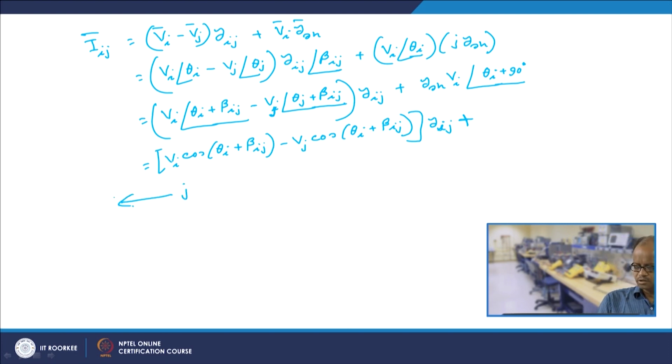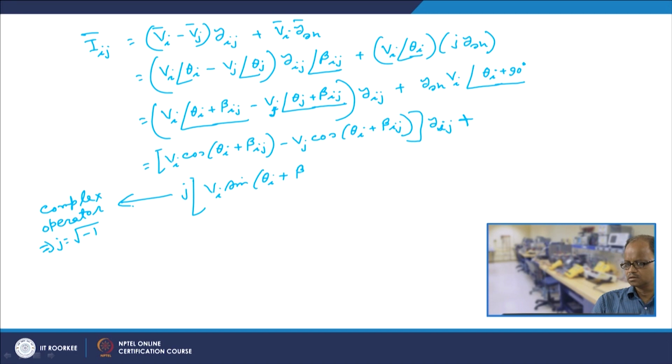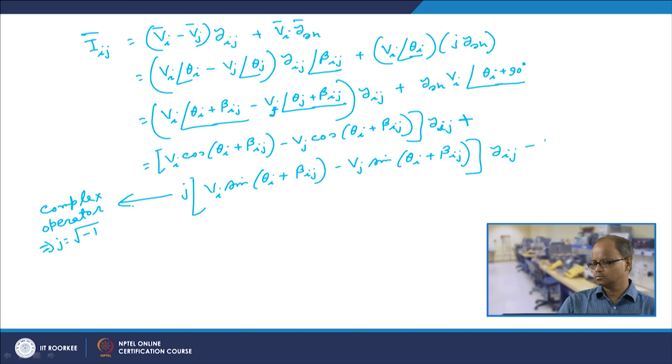Now this j is the complex operator, that means j is equal to root over minus 1, into vi sin theta I plus beta ij minus vj sin theta j plus beta ij into yij, minus ysh vi sin theta I plus j ysh vi cos theta I. Please note here also this j is the complex operator.